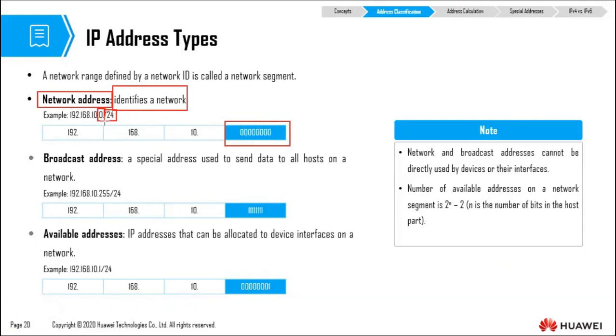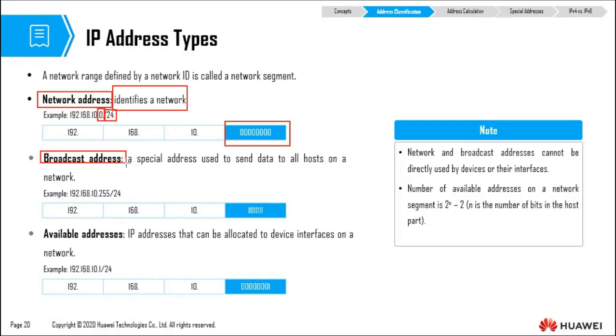Are you together? So like 192.168.10.1/24. So this one is the network address, and we're going to see how to calculate others. So sometimes you can be given an IP address and they ask you to find the network address. So I'm going to show you how to do that.